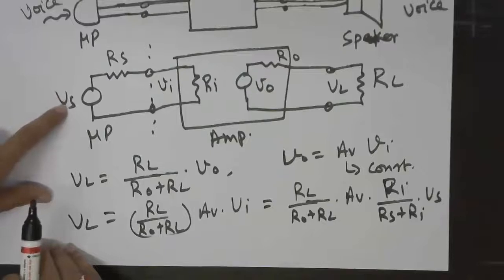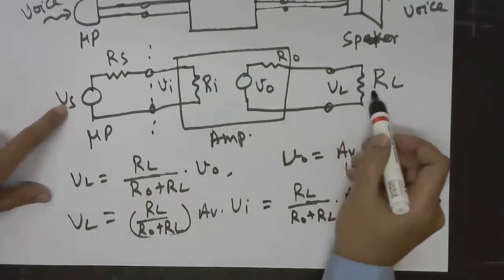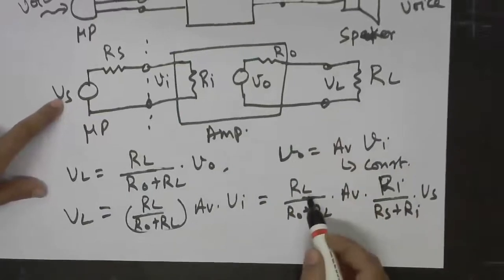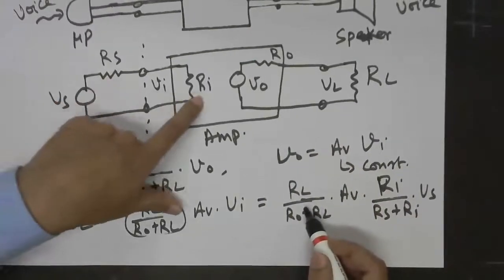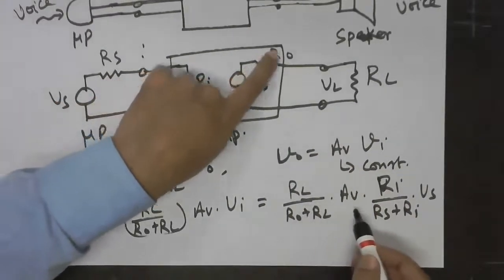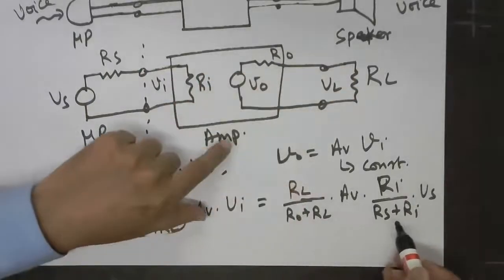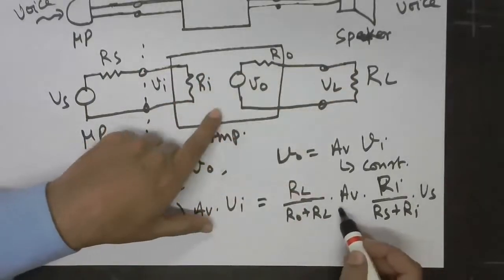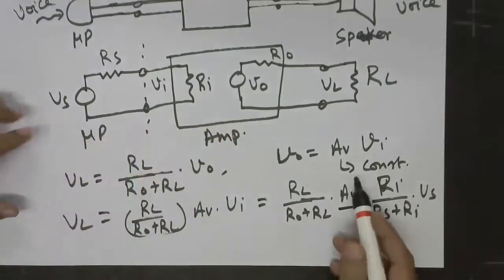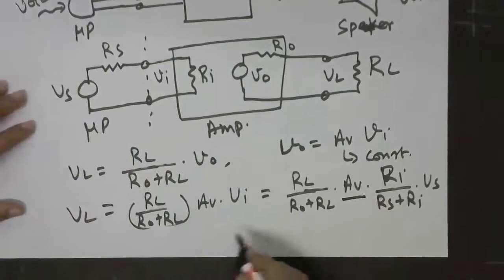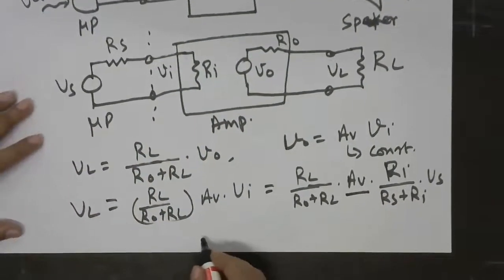Now you see that how much of this voltage actually gets delivered to the load is determined by various parameters. For example, this RS, RI, RO, RL of course, and then a parameter called AV. And this parameter we will call as the gain.